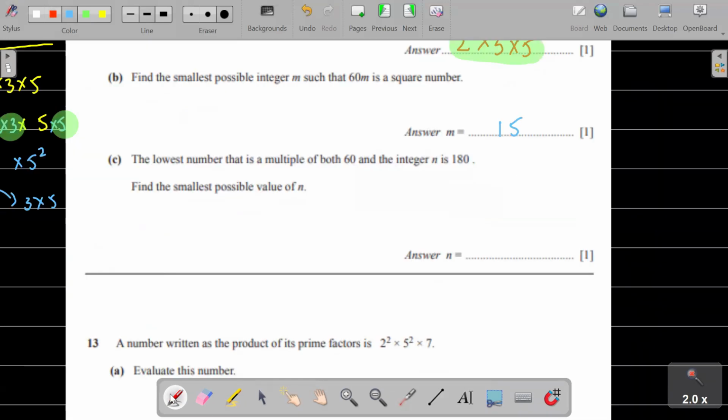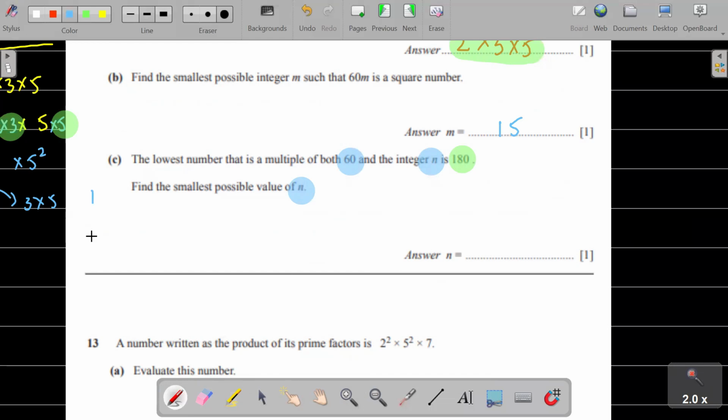This question says that the lowest number that is a multiple of both 60 and integer n is 180. So it has mentioned the lowest number, which is the LCM, and here are the two numbers, 60 and n. We need to find the possible value of n.